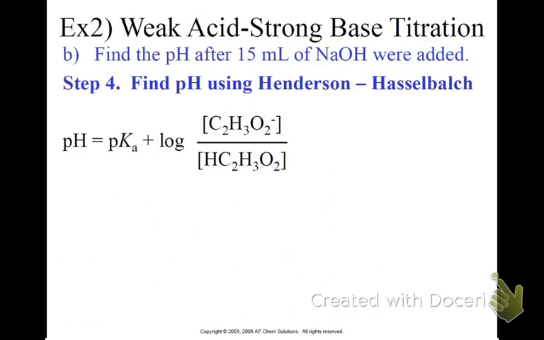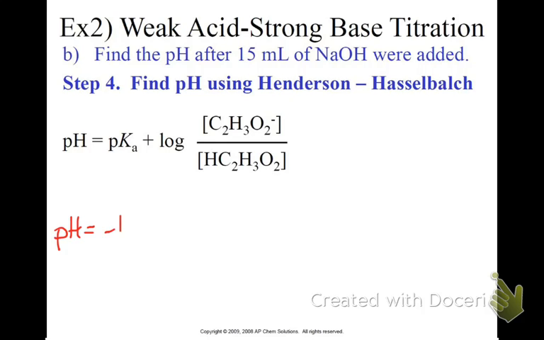Henderson-Hasselbalch. The Henderson-Hasselbalch equation tells us that the pH of a buffering system is going to equal the pKa plus the log of the concentration of the acetate divided by the concentration of the acetic acid. So we just found both of those in our ICE table. They were 0.17 and 0.17. The Ka is 1.8 times 10 to the negative fifth, so we can find our pH pretty simply now.